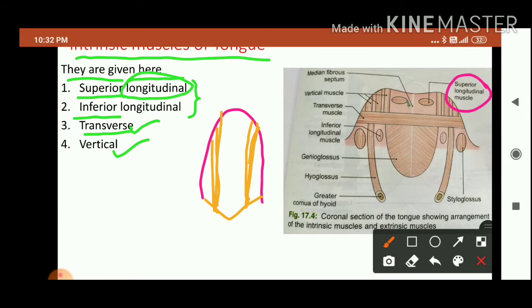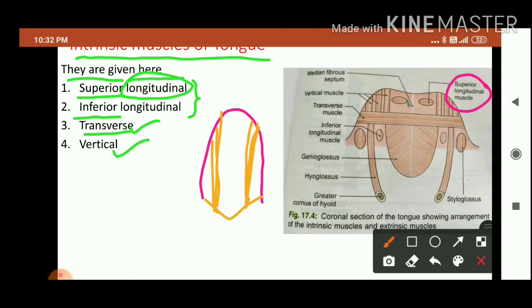This is the superior longitudinal, and the inferior longitudinal will be present just inferior to it. I cannot show this in this diagram, but it will traverse the entire length like this, inferior to the superior longitudinal.